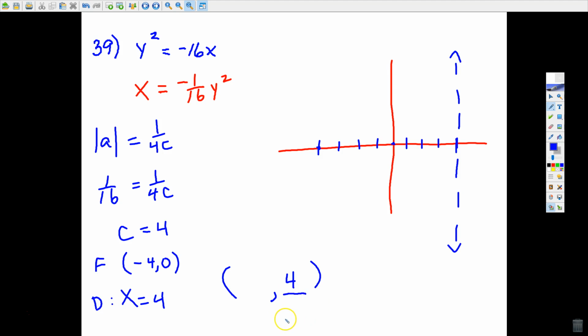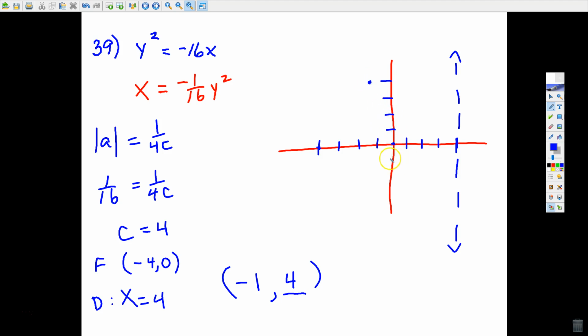So if I input 4 for y, what do I get for x? 4 squared is 16, and what's 16 times -1/16? Negative 1. So the point negative 1, 4 should be on my parabola.